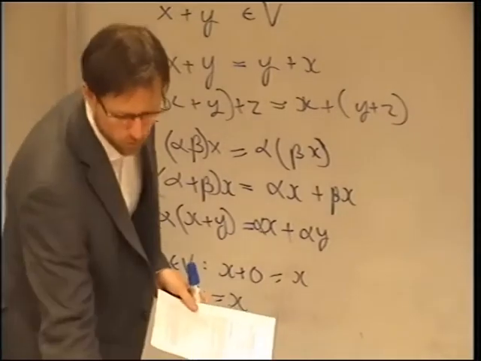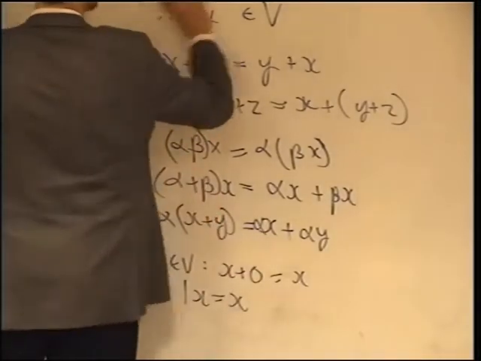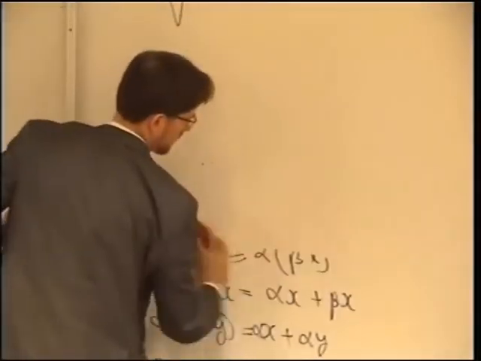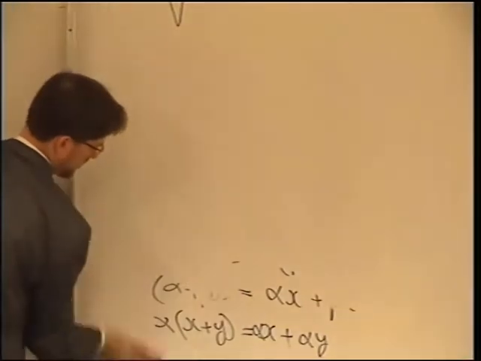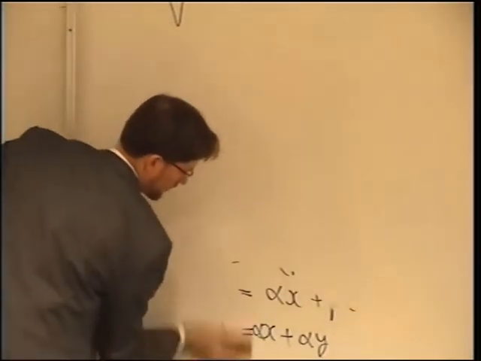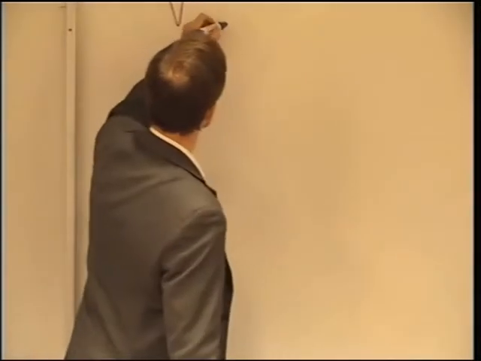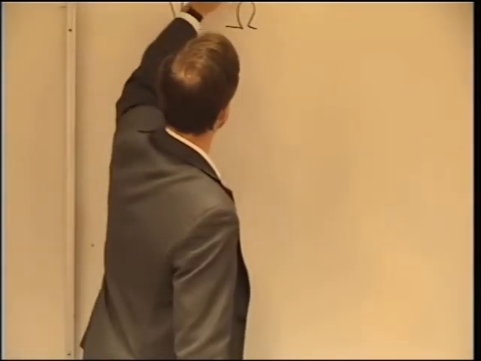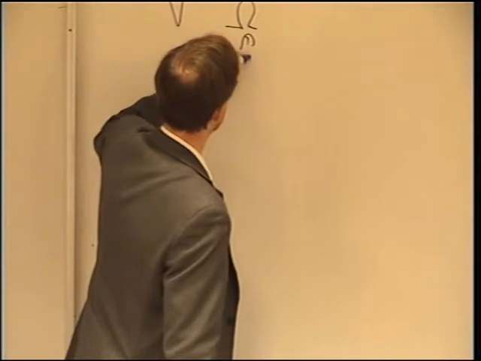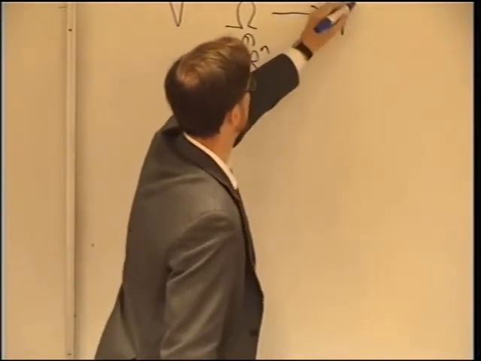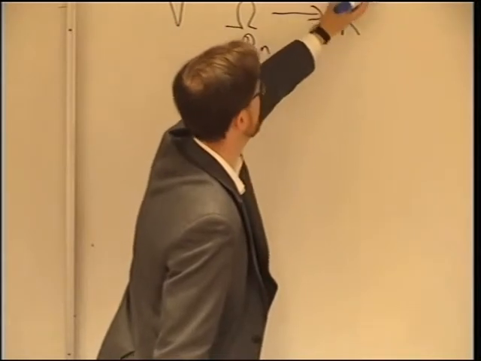So now I want to look at a new class of functions that are kind of interesting. So the functions we've considered so far were functions from some domain in Rn to Rm.